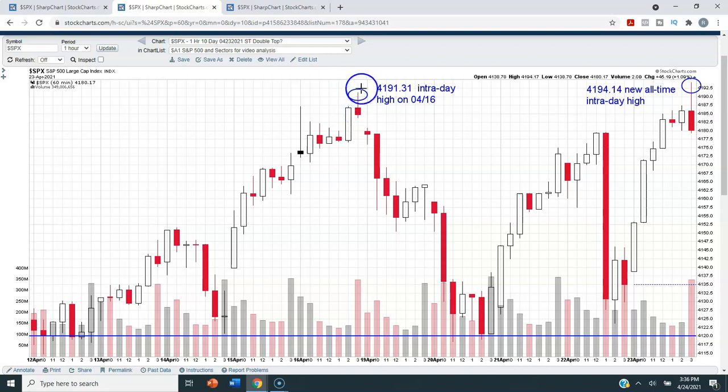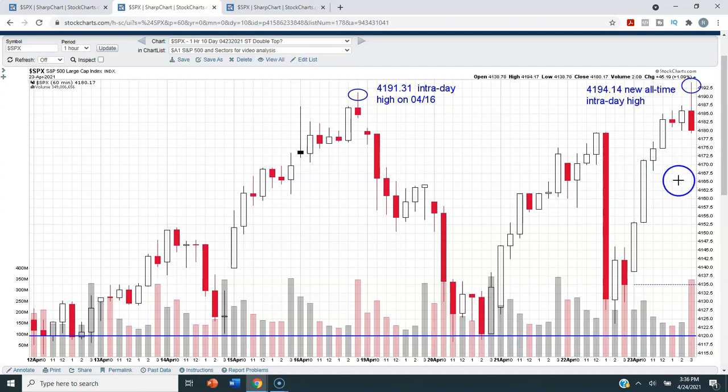We made that new intraday high here on the 16th at 4191.31, and then we sold off during the early part of this past week on Monday the 19th and then Tuesday the 20th, pulling back to this 4120 level, which is this blue line here.